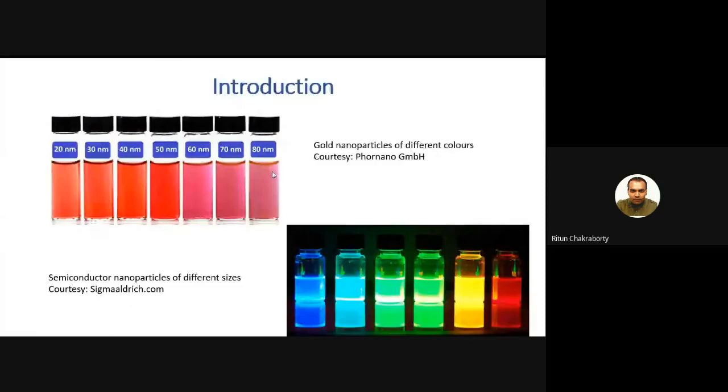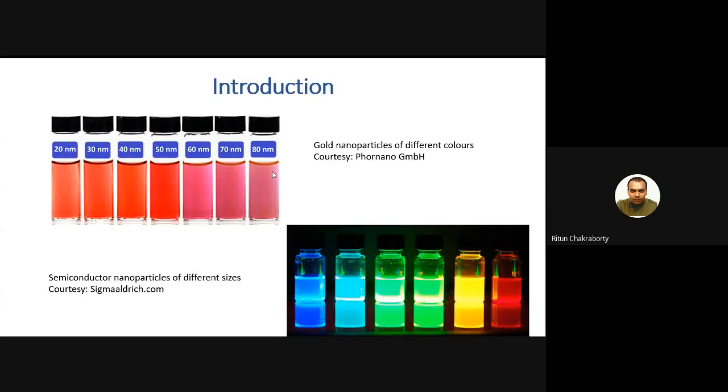So what happens in surface plasmon resonance? Surface plasmon resonance is observed in very small metal nanoparticles, or simply metal nanoparticles. Of course, nanoparticles are small. Now, this happens when the size of the metal nanoparticle is smaller than the wavelength of radiation.